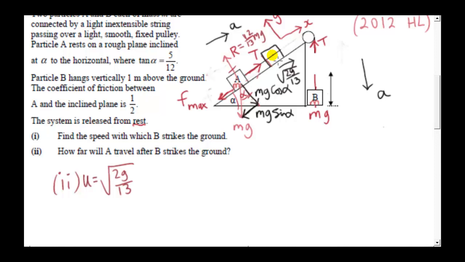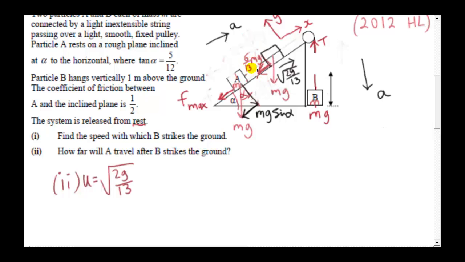The two forces acting on A will be its weight, of course, mg, and the friction force, because it will want to keep moving in this direction. It has inertia, but friction will oppose it, and friction opposes motion, so the friction force will be pointing down this incline.